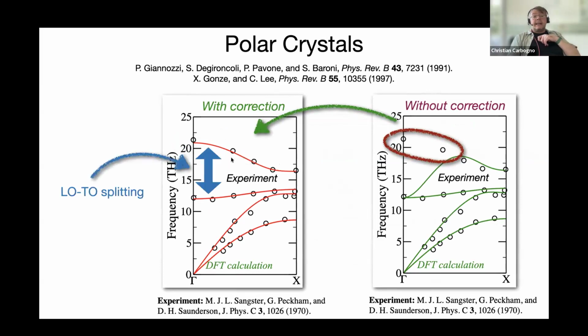And this effect is what we call the LO-TO splitting, because this is the difference between the so-called longitudinal optical modes, in which the displacement is aligned along the k vector, and the transverse optical modes, in which the actual displacement of the atoms is orthogonal to the propagation direction, again in reciprocal space.